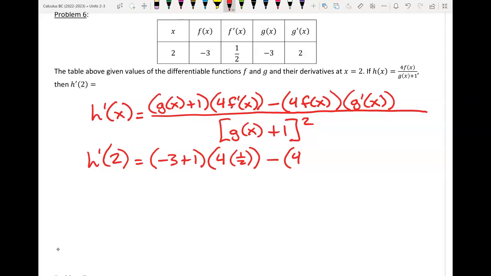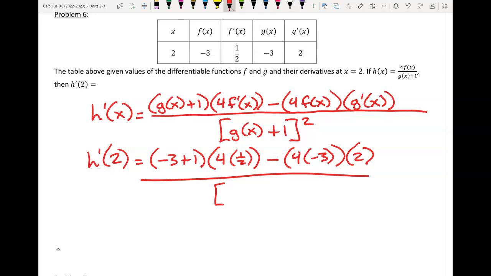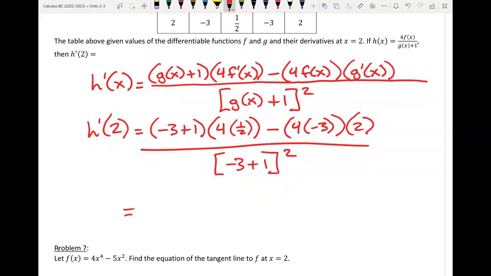What's f of 2, guys? -3. And then g prime of 2, which is 2. All right. G of 2 is -3 plus 1 squared. If this was an FRQ, you could even just leave it there, right? You could also simplify and see what you get.